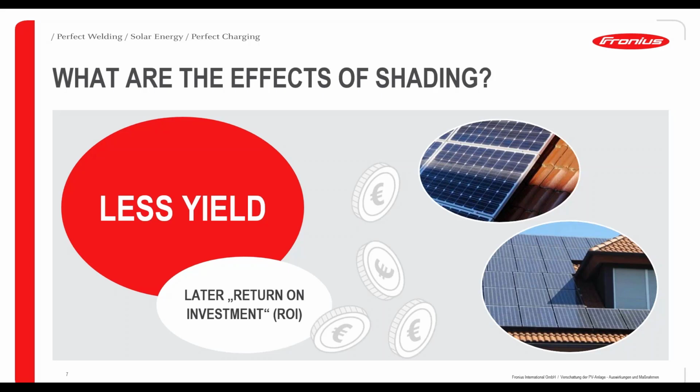So less yield is the main effect from shading. Of course, there are other things like damage to the modules, but in modern technology right now, it's not such a big thing anymore due to bypass diodes and other standard technologies which prevent that.